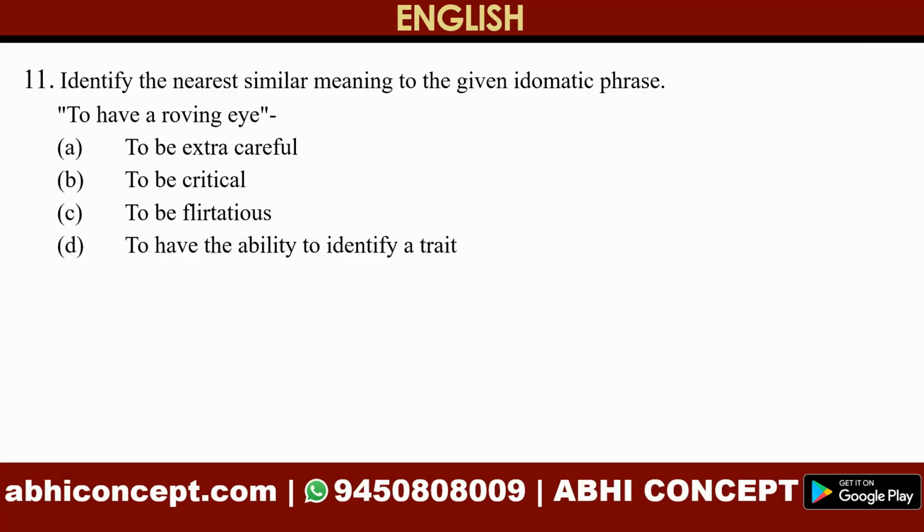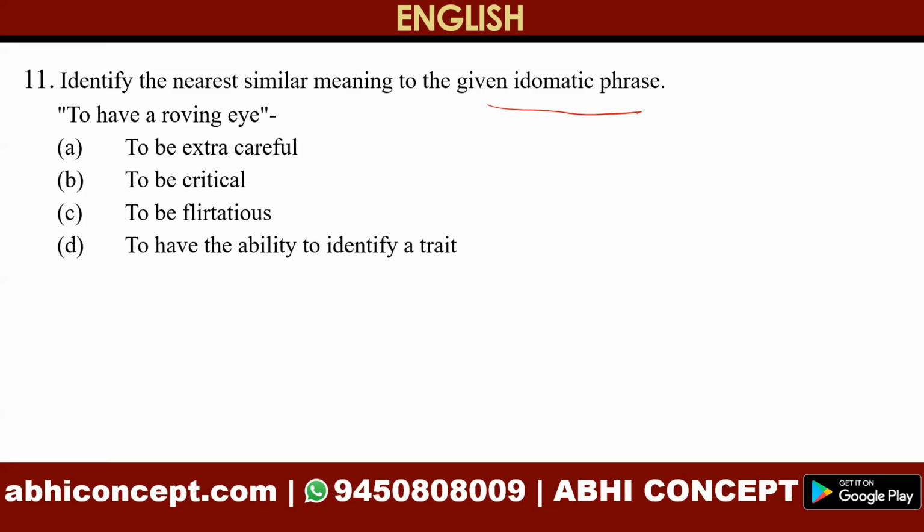Now identify the nearest similar meaning to the given idiomatic phrase. The meaning is to have a roving eye. Okay, there are 4 options to be extra careful. To have a, just give me a second, okay? Yes.